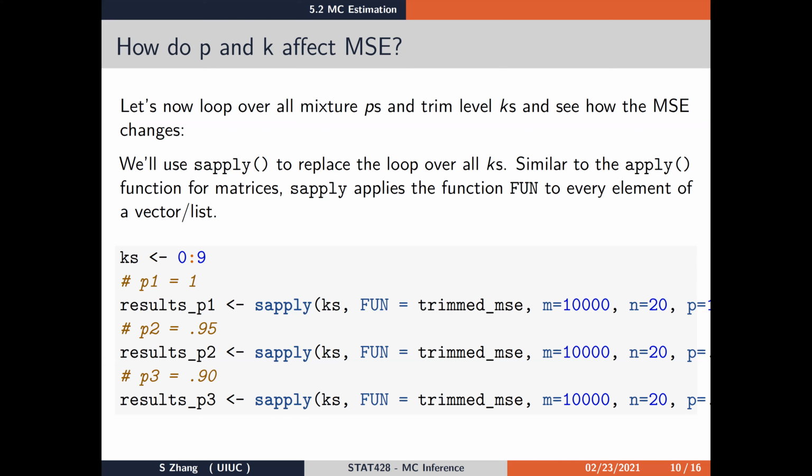When we wanted the column standard deviations, we used the apply function and applied the function SD to each of the columns of a matrix. This is what we did maybe in week 3 or week 4.